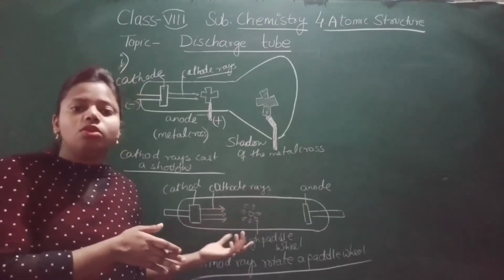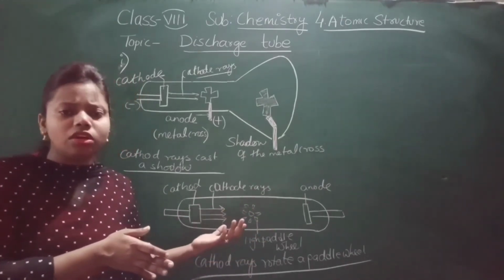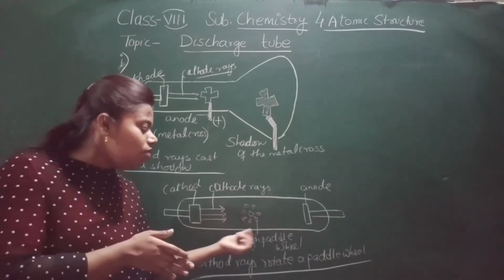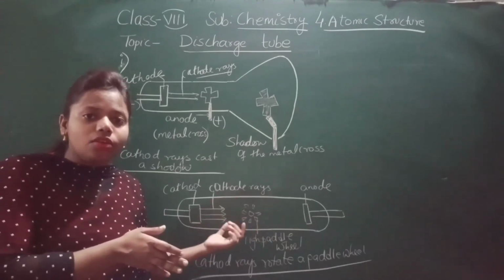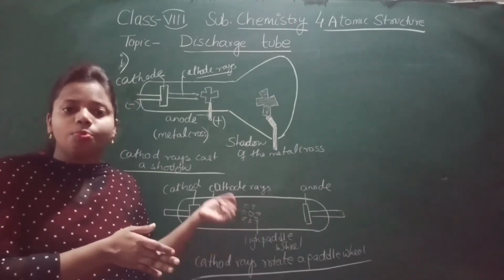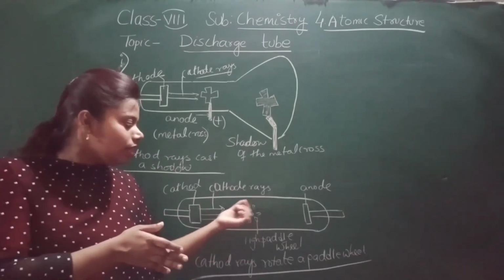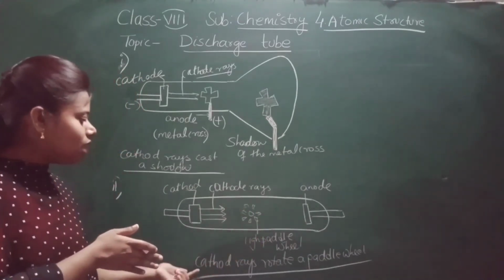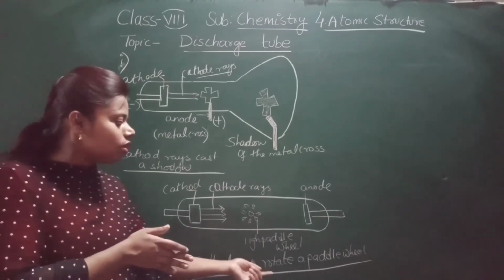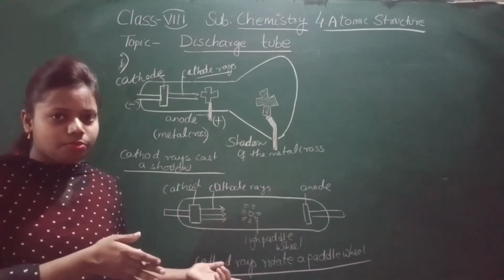If the paddle wheel had not rotated, that would mean the rays do not contain particles, but it rotated. So this shows that cathode rays consist of high speed particles that made this lightweight paddle wheel rotate.